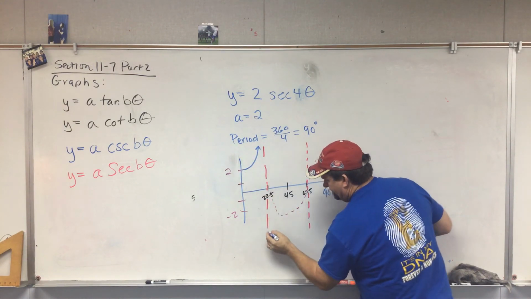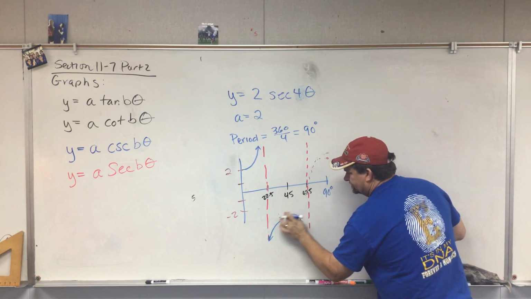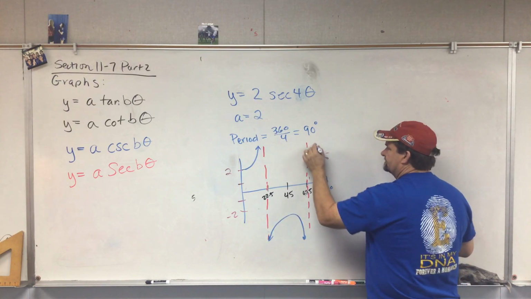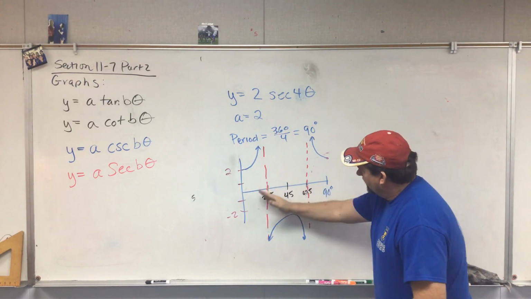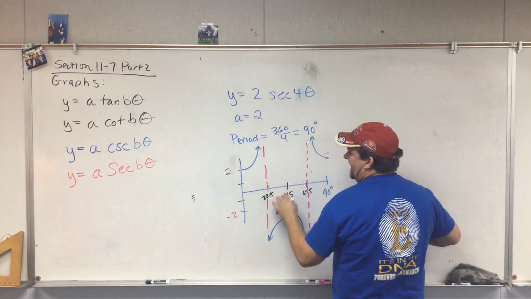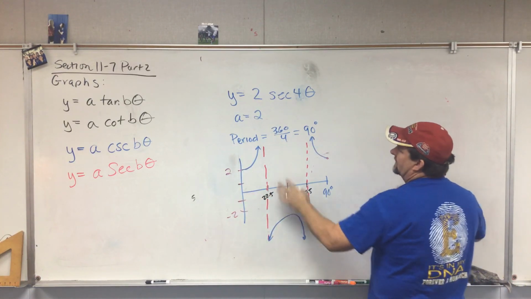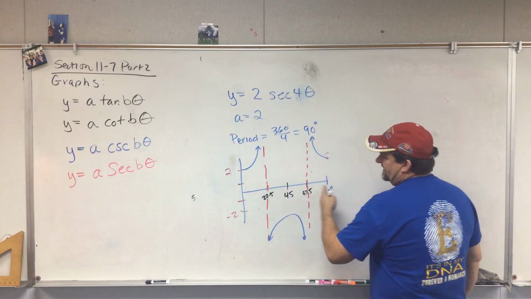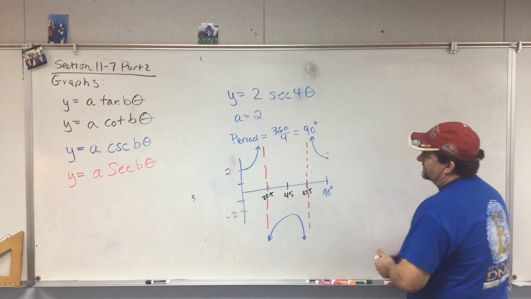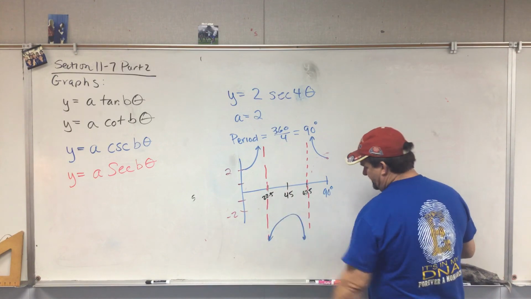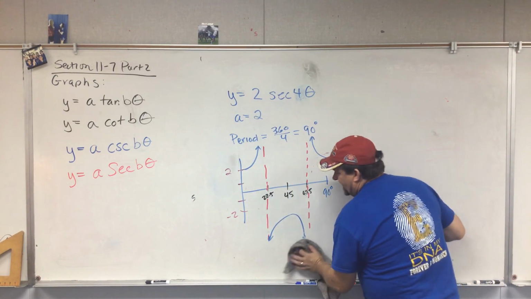That one's gone. That one's gone. That one's gone. All right, guys, so here's where we're looking at. This is my graph. The new amplitude or the starting point is at 2 and -2. And then we work from there. We cut our period down by B, which is now 90 degrees long. So my period is 90 degrees long, and those are my points right there.